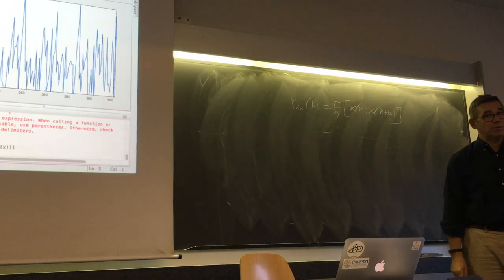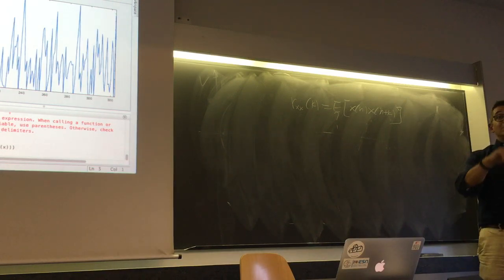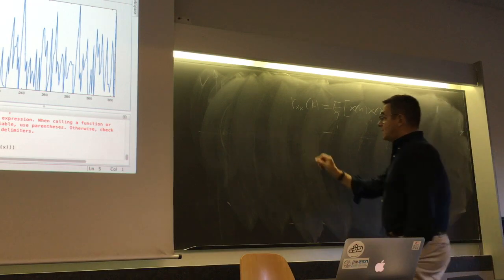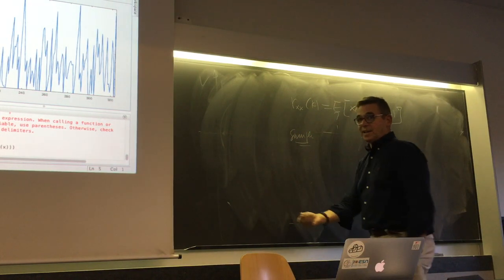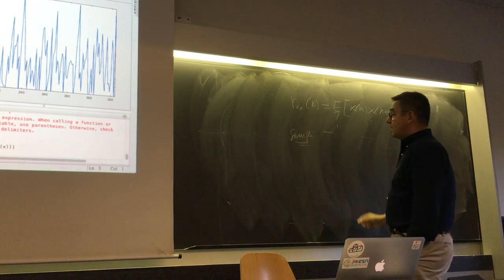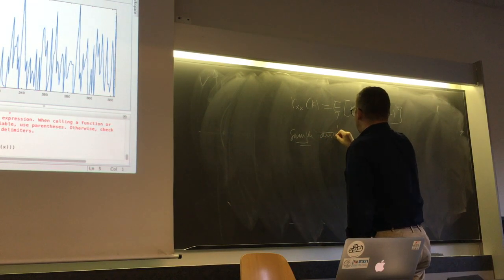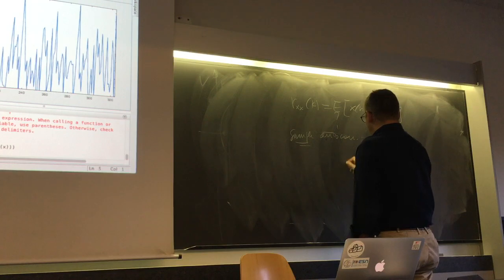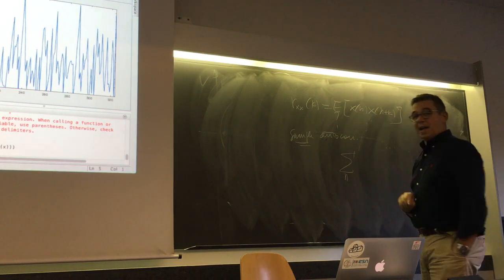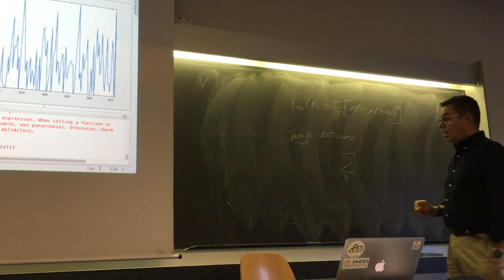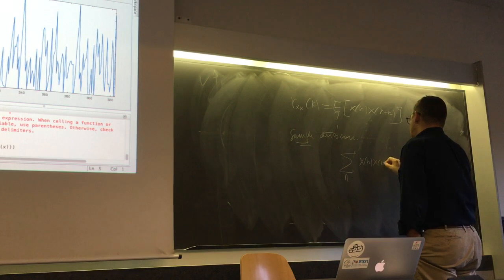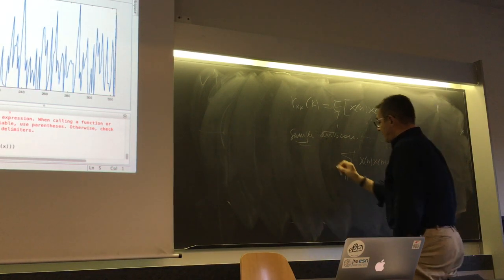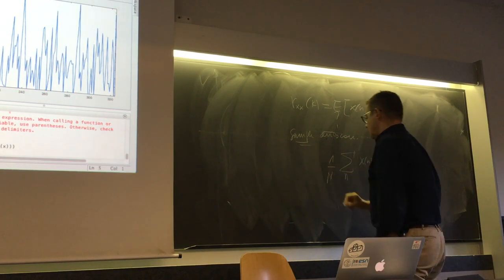So how to compute the sample autocorrelation? The sample means for the data that I have. It's computed this way: I sum over all the data that I have of x[n] x[n plus k], and then everything is divided by the number of samples.